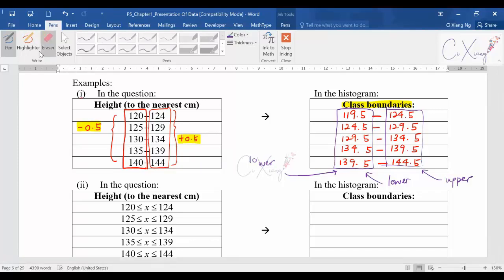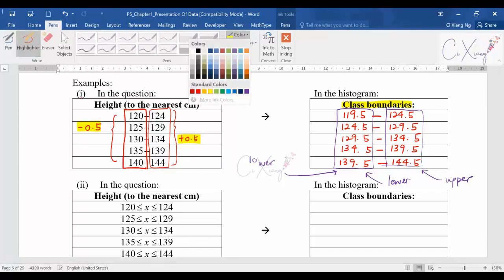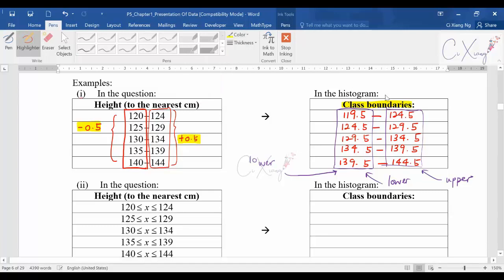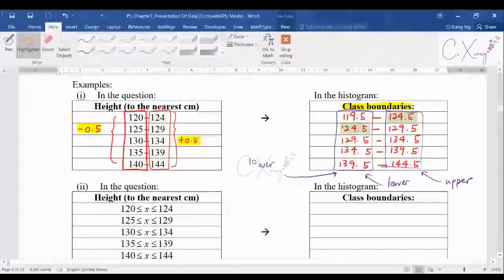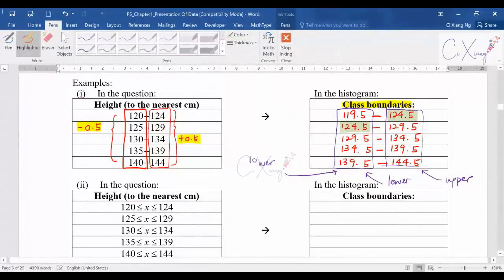According to the definition in our notes, the value for the upper class boundary will be the same as the lower class boundary for the next class. Can you see that? These two values should be the same. The upper should be equal to the lower for the next interval. So this is the definition for class boundary.